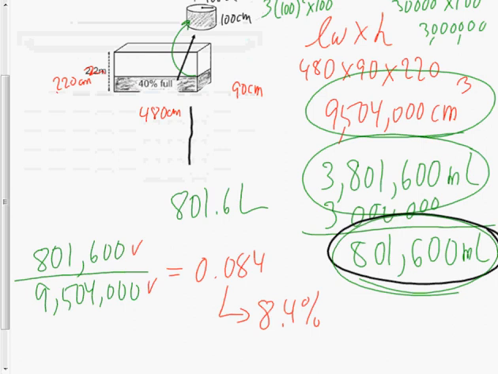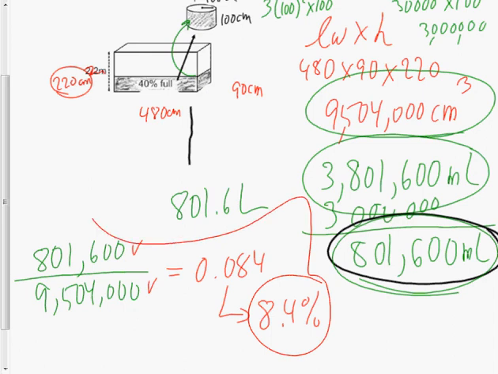Since the height is 220, then 8.4% of that total height of 220 centimeters is how high it's going to be.